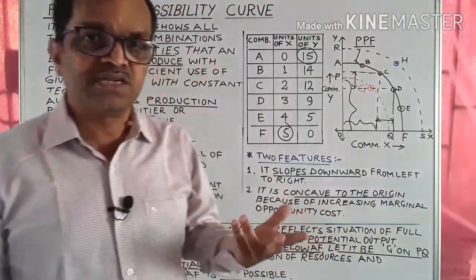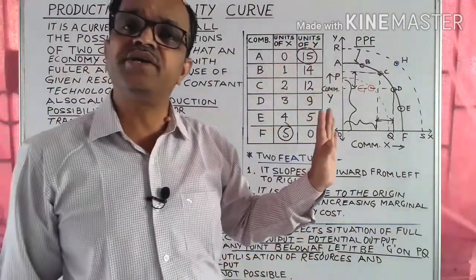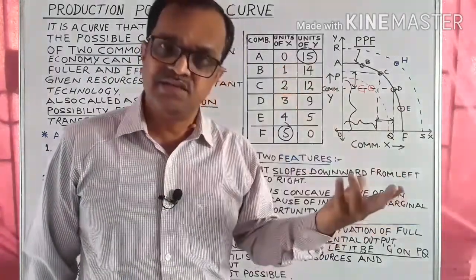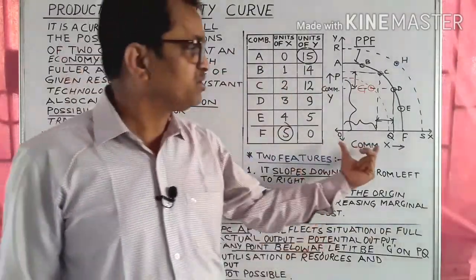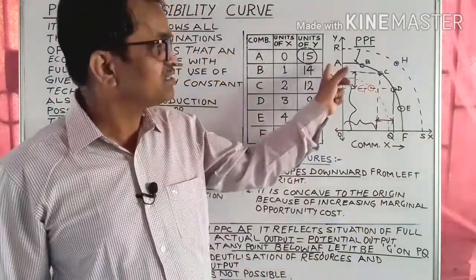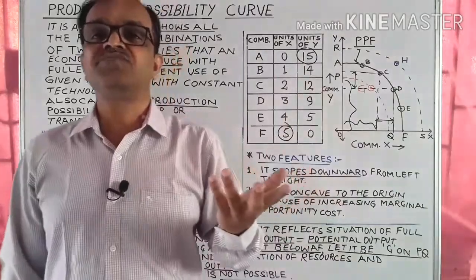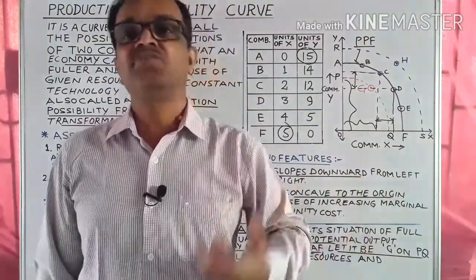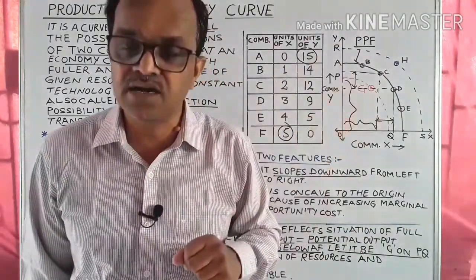Now the second feature is that it is concave to the origin. It is because the economy has to sacrifice certain units of commodity Y to produce every additional unit of commodity X. This sacrifice of Y goes on increasing, and the number of units sacrificed per unit of commodity X gained is called marginal opportunity cost, which we will see later in another video.